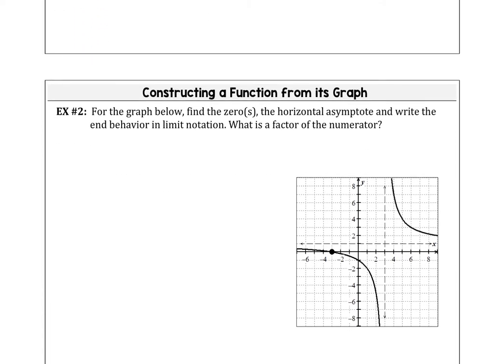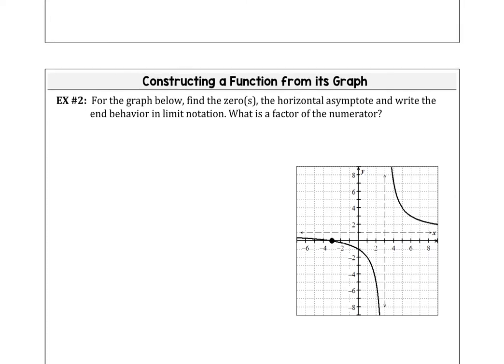Going on to example 2, this time we've got the graph of the function, and we're going to analyze it by looking at the graph. So using the rule of 4, you can observe that we have a 0 at x equals -3. So that's this point right here. We have a horizontal asymptote. It appears that the graph is heading to the left and the right at extreme, or unbounded, behaviors. The graph is heading to 1.